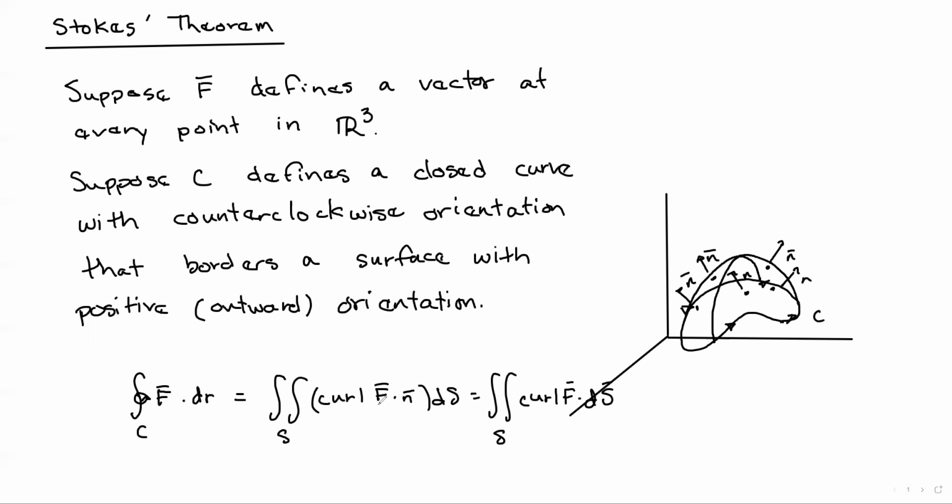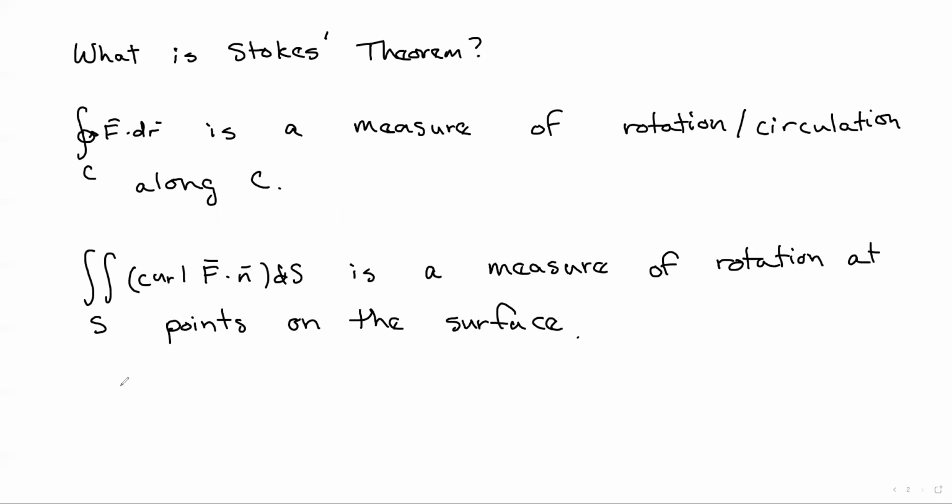Curl of F is a measure of rotation. We discussed that in the curl video, and dotting it with the normal vector, I'll explain in a minute how that ends up getting you the rotation at a point. So we've got rotation at points, rotation along the edge, and one ends up equaling the other. So Stokes' theorem says that these are equal.